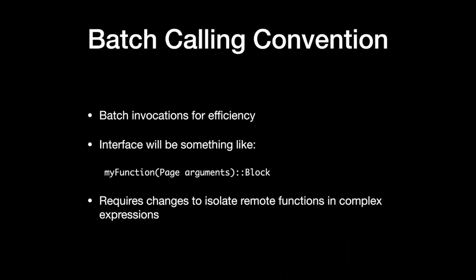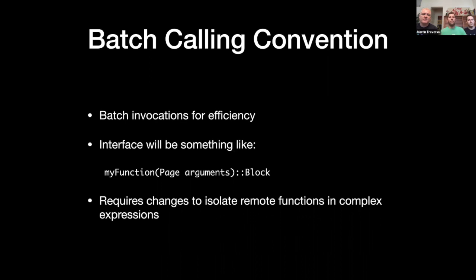Makes sense. I can actually also imagine using a batch calling convention for functions that aren't remote. Today, functions can have multiple calling conventions. You could have a function where we pass in the arguments as simple Java primitives. We also have another calling convention where we pass in the block and the position in the block to get the data out.